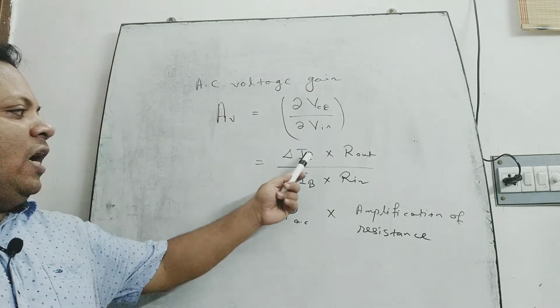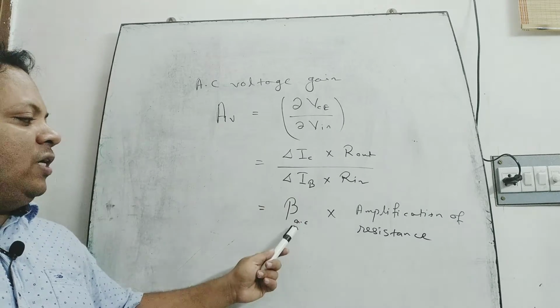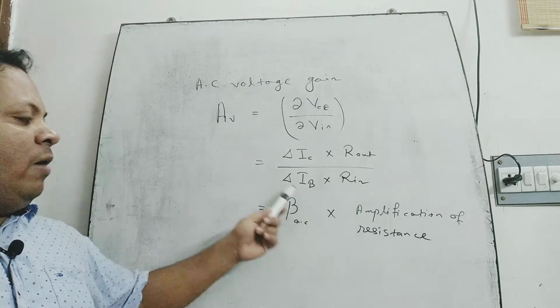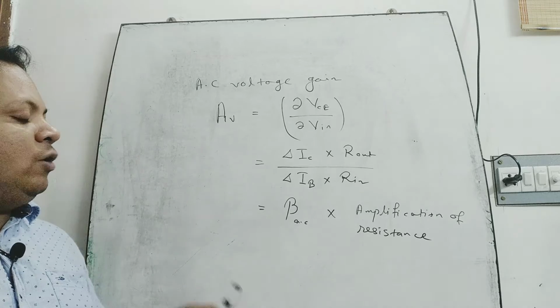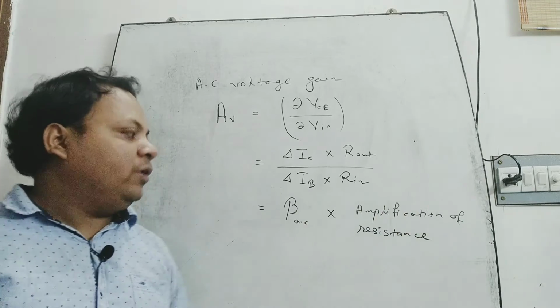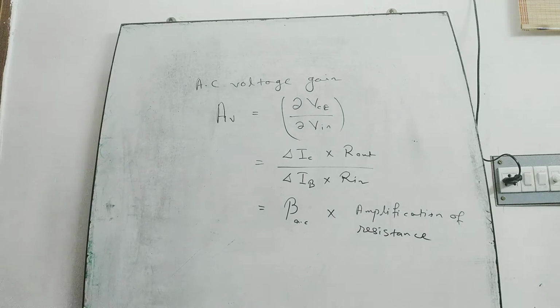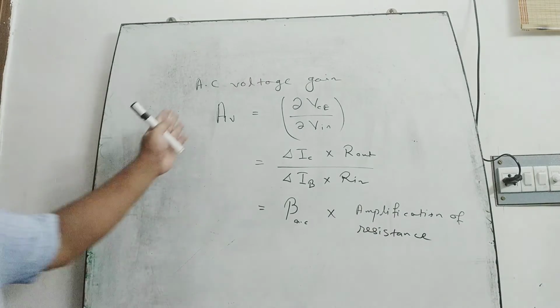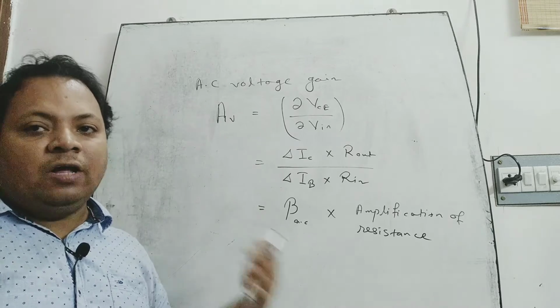And we know ΔIC by ΔIB is equal to beta AC, that is, the amplification of current in common emitter mode, into the amplification of resistance. This is the AC voltage gain in the common emitter circuit.